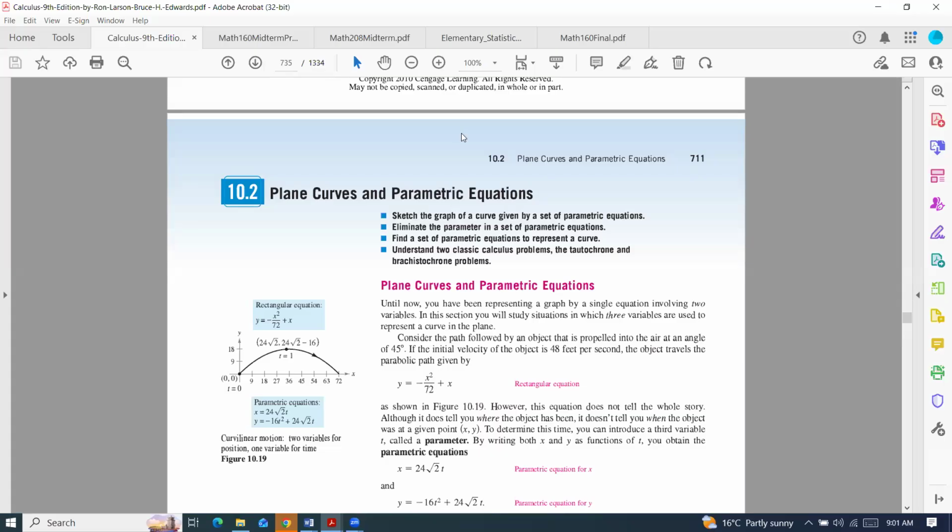It could be any smooth curves. And we'll be able to identify the minimum and maximum points as usual.